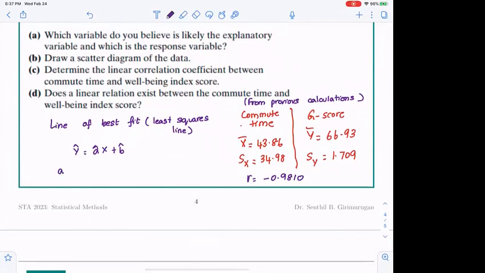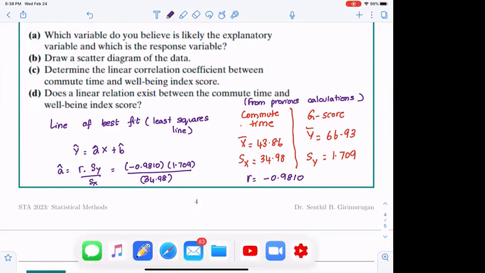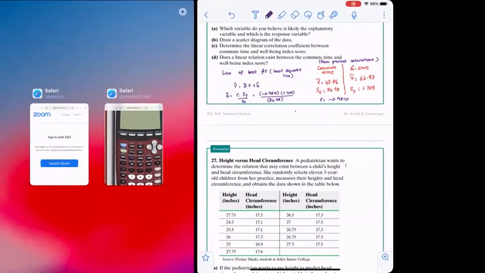We know the formula for A hat, which is the value of R multiplied by the standard deviation of Y divided by the standard deviation of X. So negative 0.9810 times 1.709 divided by 34.98. We need the calculator.